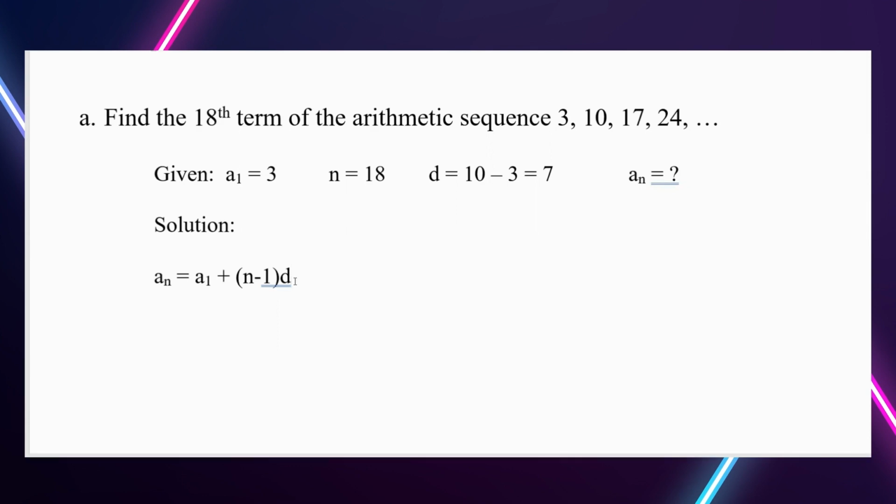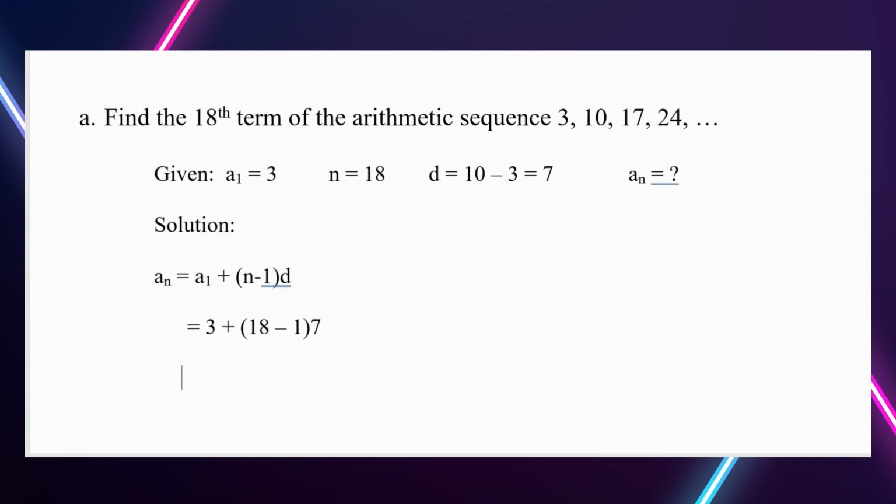A sub n is equal to a sub 1 plus n minus 1 times the common difference. We can easily find the value of the 18th term. So let us substitute the values in the equation. So our first term is 3 plus the nth term is 18 minus 1 multiplied by the common difference, which is 7.